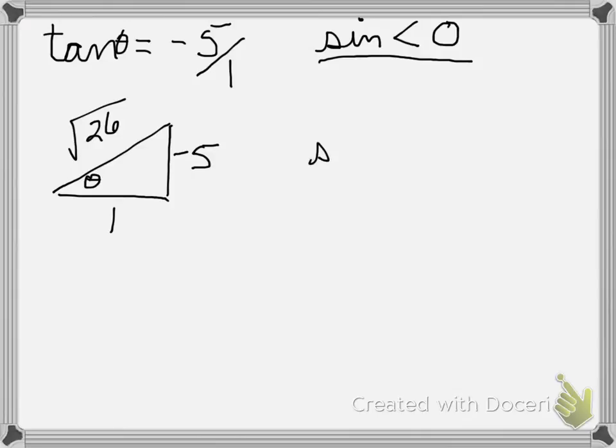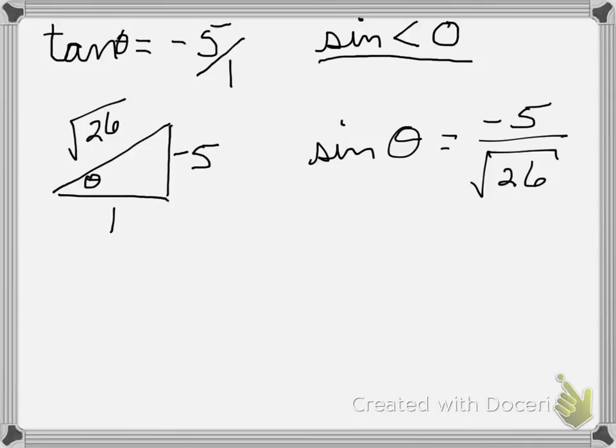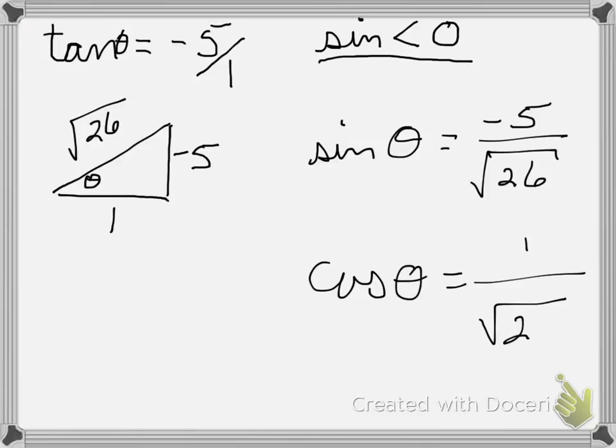And we want to find the values of the sine, and that's opposite over hypotenuse, and cosine, which is adjacent over hypotenuse. Okay. Now that one was alright.